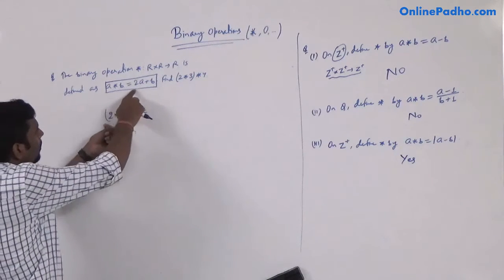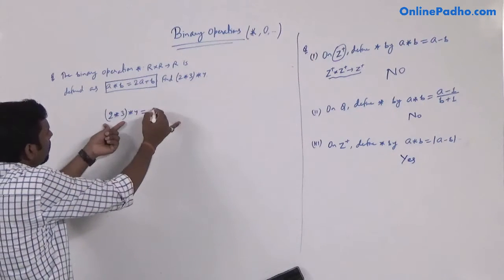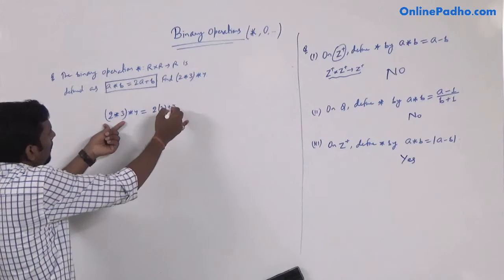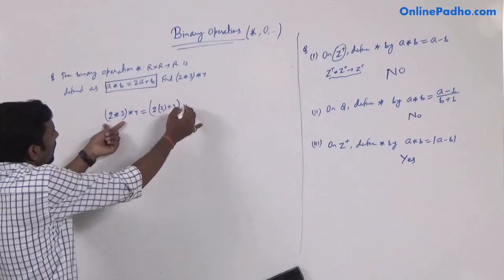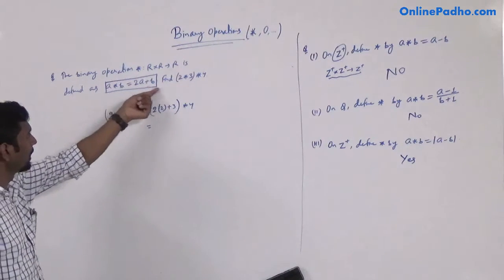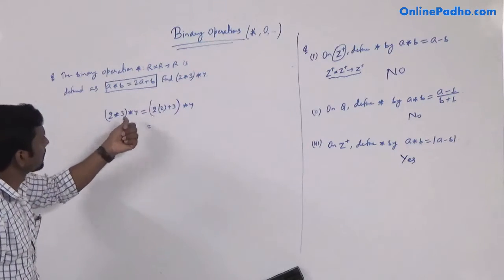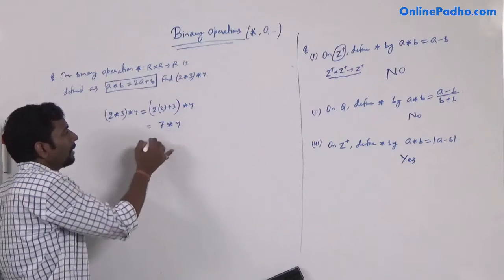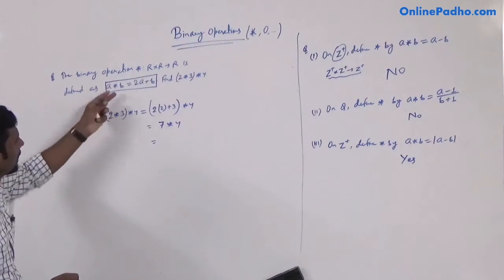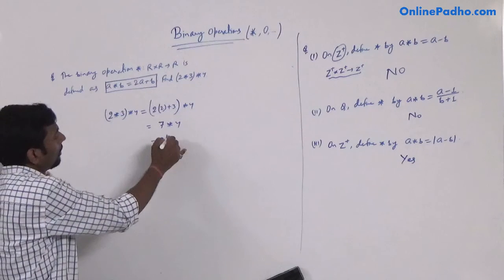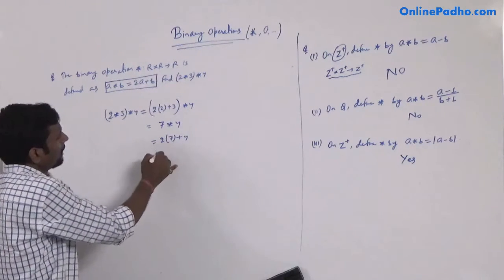A star B equal to 2A plus B. So 2 star 3 can be written as 2 into 2 plus 3, which is 4 plus 3, 7. Now 7 star 4. Again we apply the same A star B equal to 2A plus B. So we can write 2 multiplied by 7 plus 4.